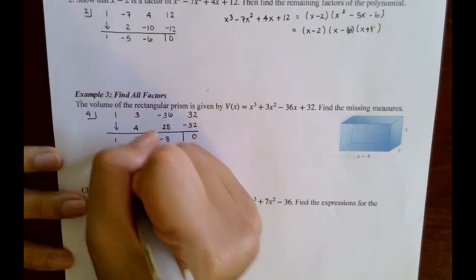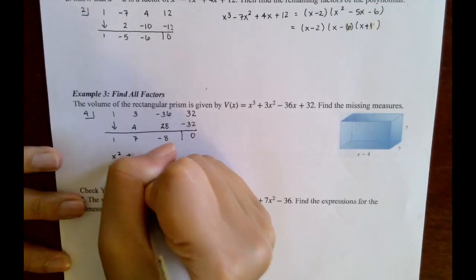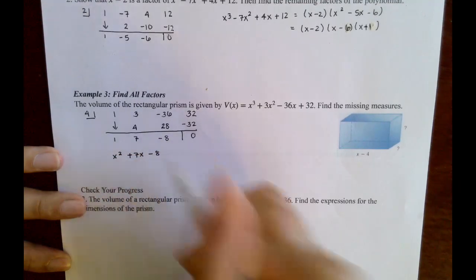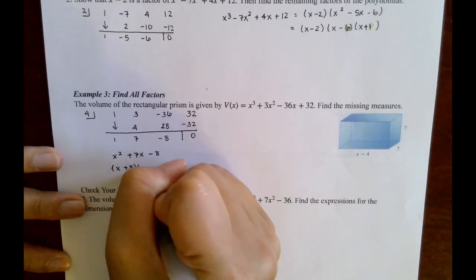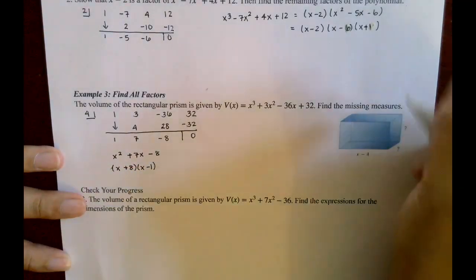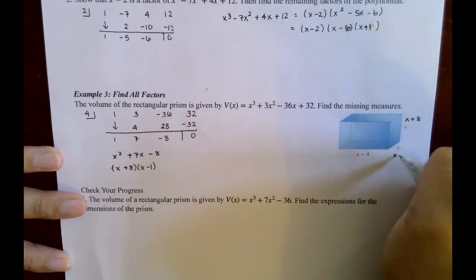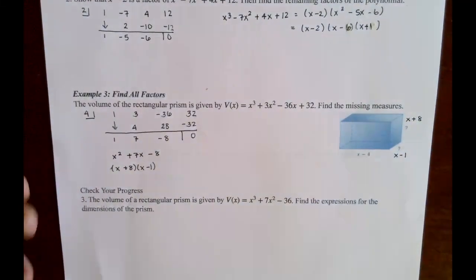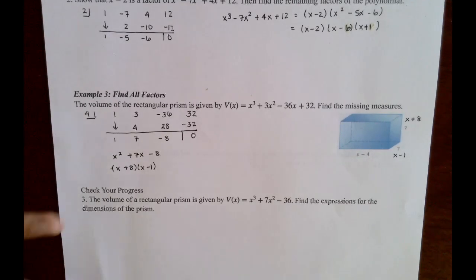So then this becomes, since it was x cubed, this is now 1x squared plus 7x minus 8. And this factors to be x plus 8 and x minus 1. And so one of them will be x plus 8 and the other one will be x minus 1. And so those are my missing measures.